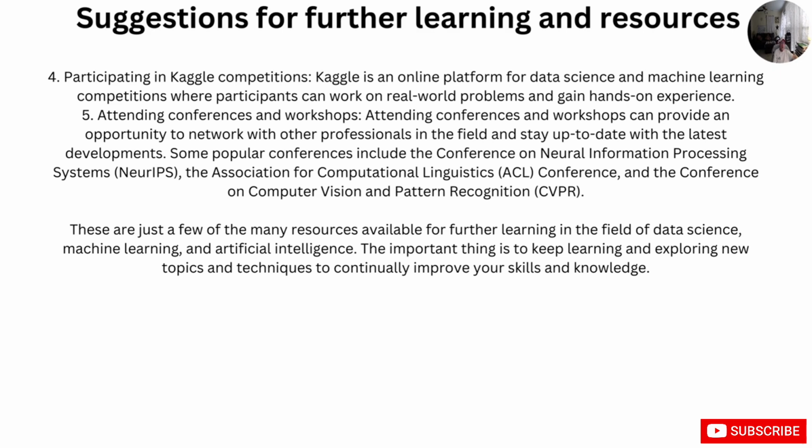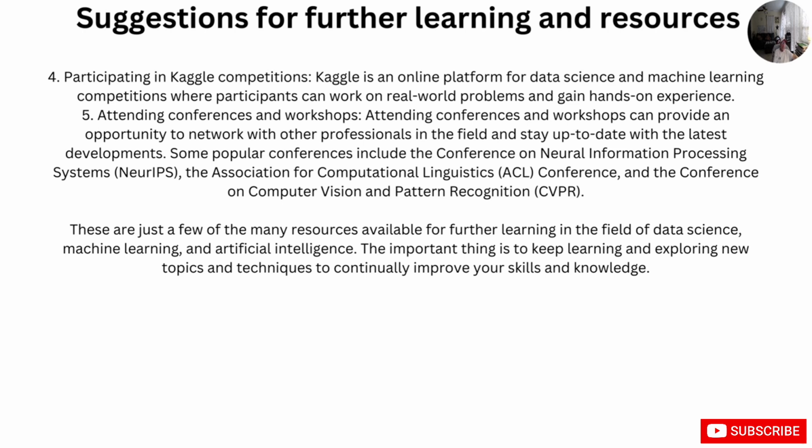Number 4, participating in Kaggle competitions. Kaggle is an online platform for data science and machine learning competitions where participants can work on real-world problems and gain hands-on experience. Number 5, attending conferences and workshops.